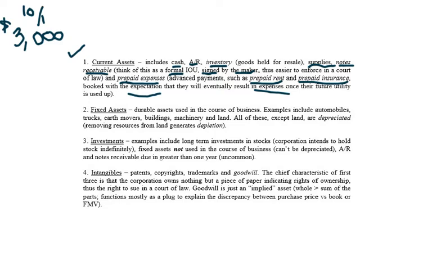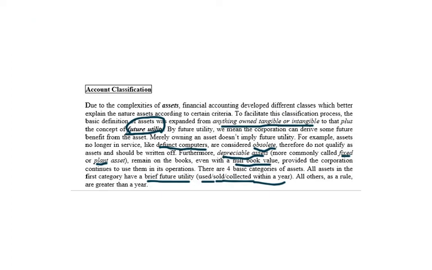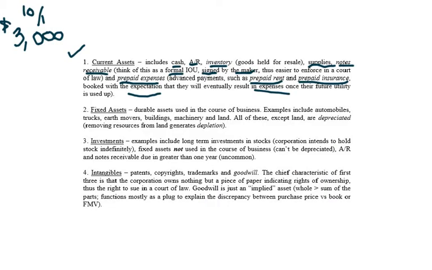On that day, the entire $3,000 is still considered an asset. Why? Because you still have the ability to derive future utility out of it. You haven't technically been insured yet. Insurance doesn't happen until time passes, and during that time you have the right to make a claim. Whether you make a claim or not doesn't matter. It will expire gradually as time goes on.